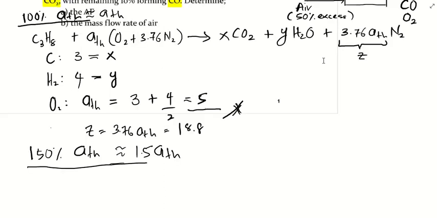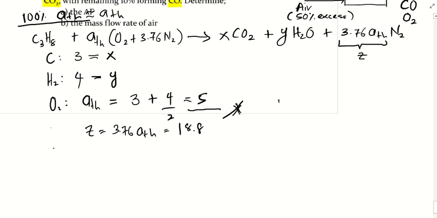Alright, so how about we write back the equation for 100% theoretical? We have C3H8 plus, now the ATH is 5, O2 plus 3.76 N2.